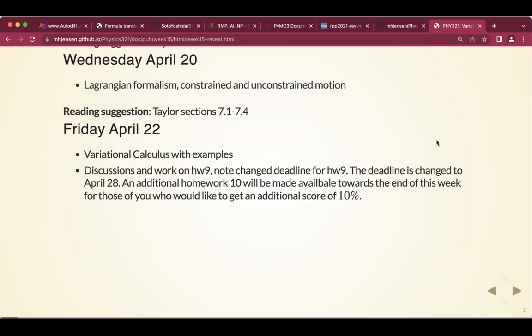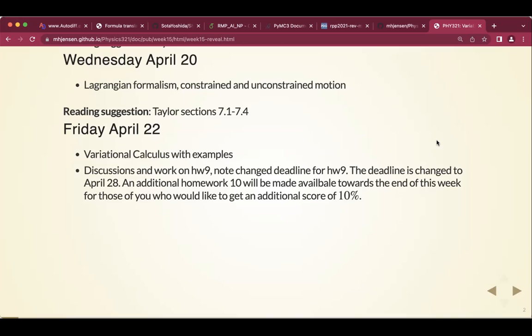So calculus of variations deals with finding the minimum or maximum of something which can be represented by an integral. When we think of the work-energy theorem, that's actually something which is represented by an integral. And in physics, you will find many quantities which are given in terms of integrals.